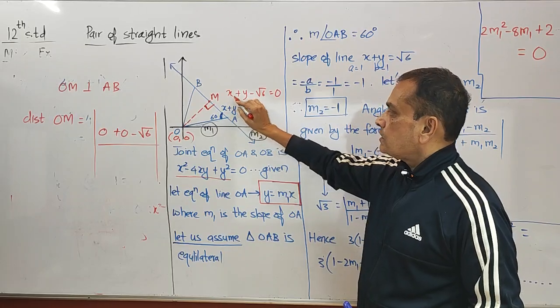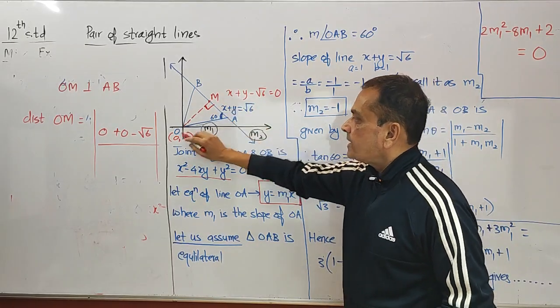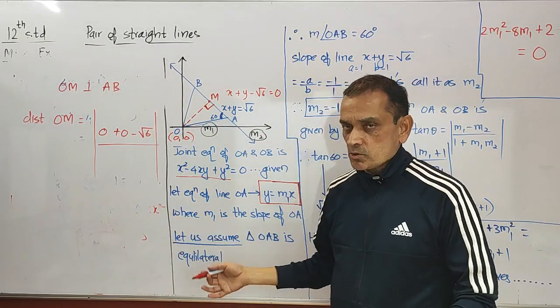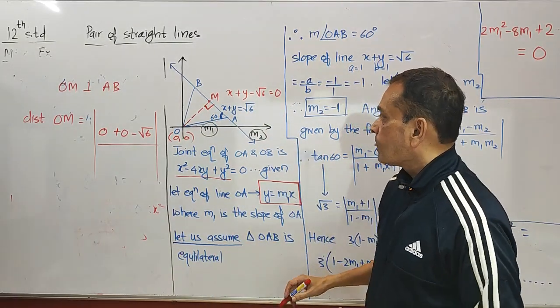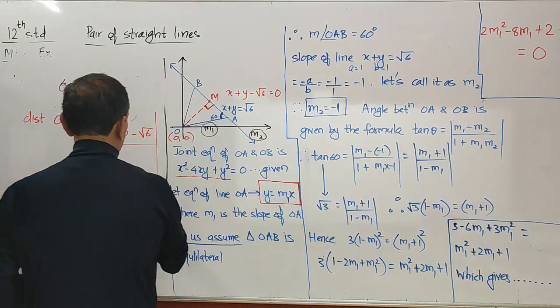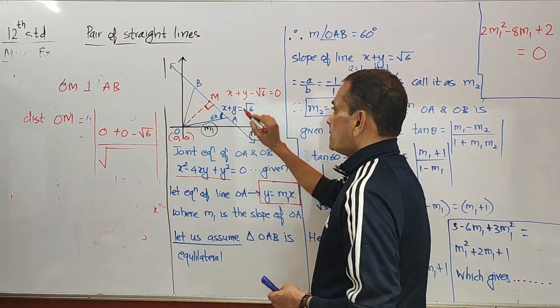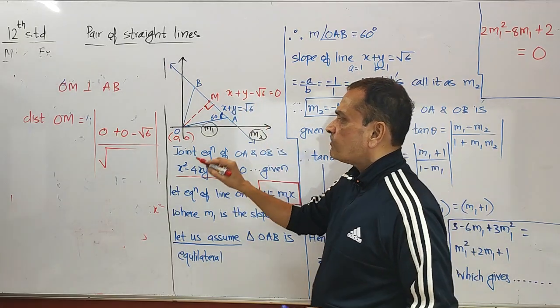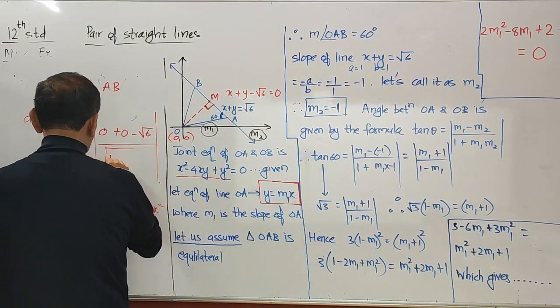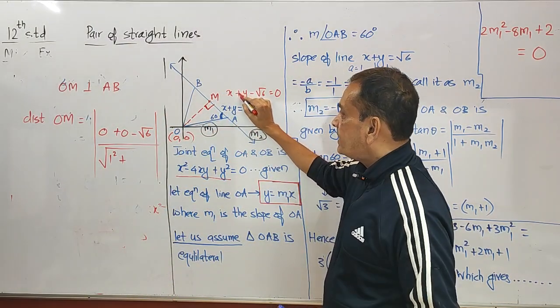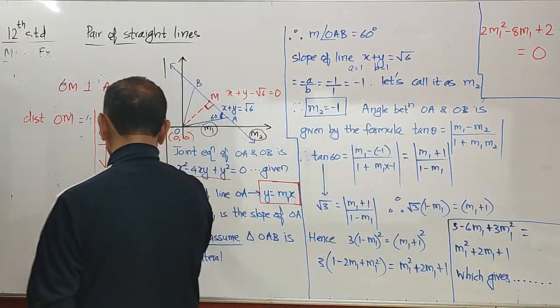So x के जगह x कोऑर्डिनेट, y के जगह y कोऑर्डिनेट, -√6, नो चॉइस ओवर देयर, अपॉन स्क्वायर रूट ऑफ, कोएफिशिएंट ऑफ x इज 1, सो 1 स्क्वायर्ड प्लस कोएफिशिएंट ऑफ y, अगेन 1, उसका स्क्वायर लेना है.